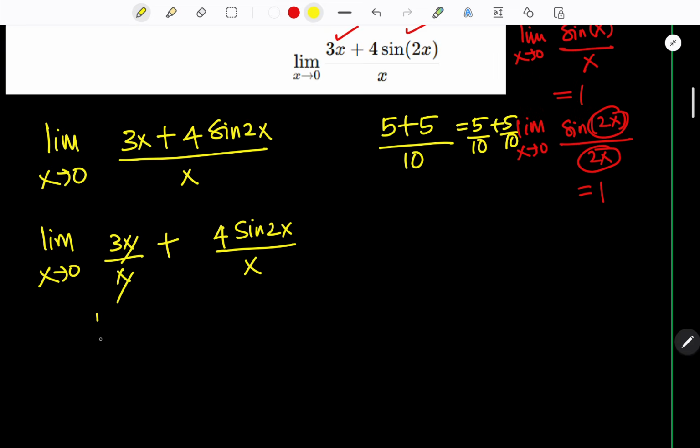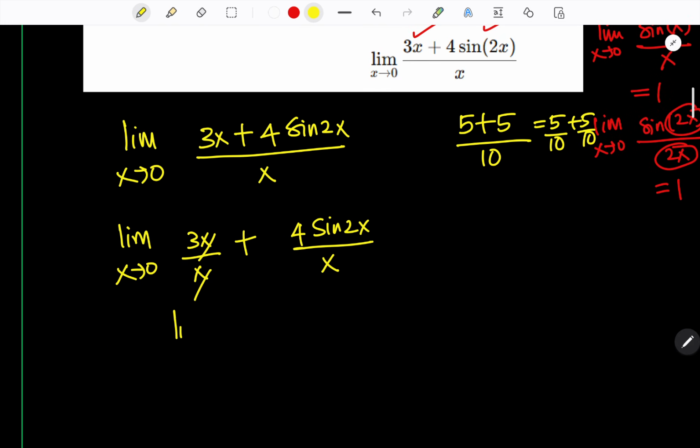The x gets cancelled. So limit x goes to 0, 3 plus, here you see there is an angle 2x. Is there a 2x on the down? No. So what we need to do? We need to multiply by 2 and at the same time divide by 2.